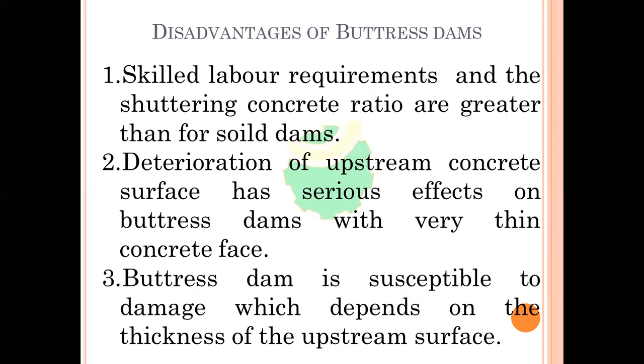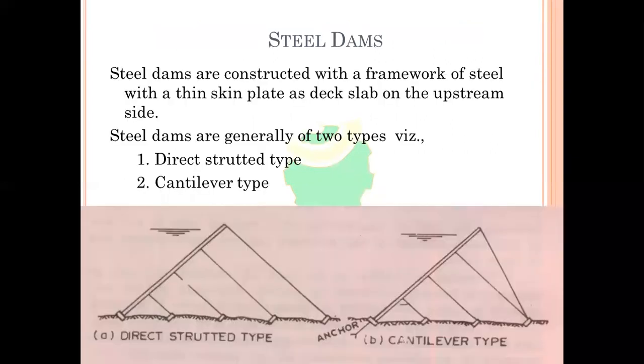It requires skilled labor and the shuttering to concrete ratio is greater than for solid dams. Deterioration of upstream concrete surface has serious effects on buttress dams with very thin concrete face. Buttress dam is susceptible to damage which depends on the thickness of the upstream surface.